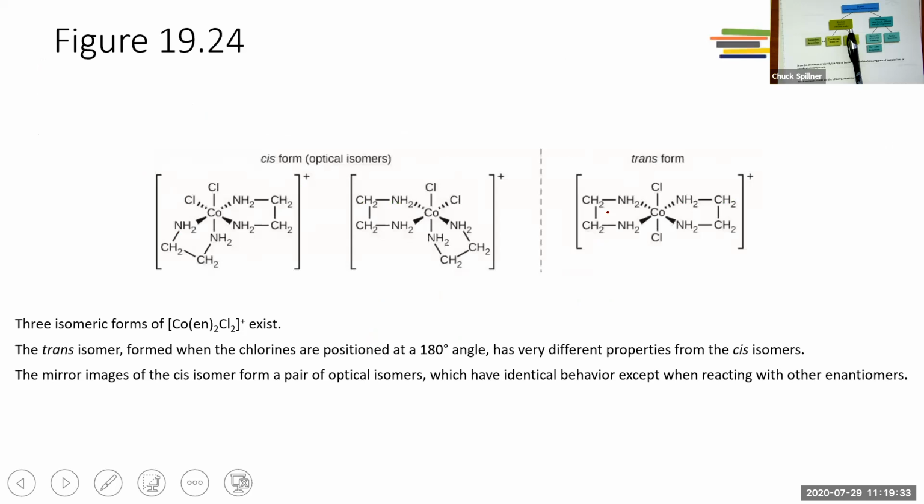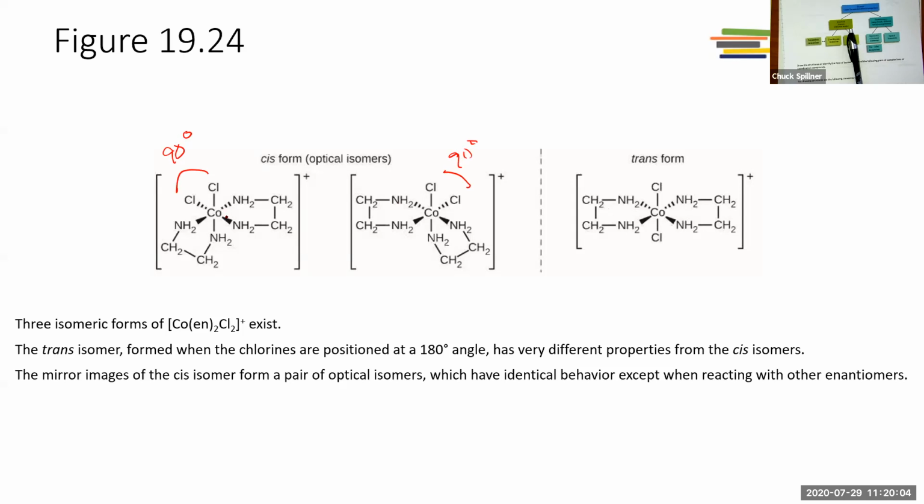Okay, so here's an example. Here are the structures written out. On the left is the cis form, and notice that the chloride ligands are 90 degrees apart. On the left side is the complex ion cis form drawn one way, and on the other side is the mirror image.